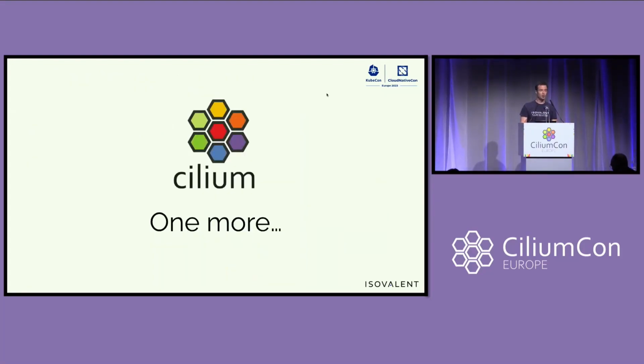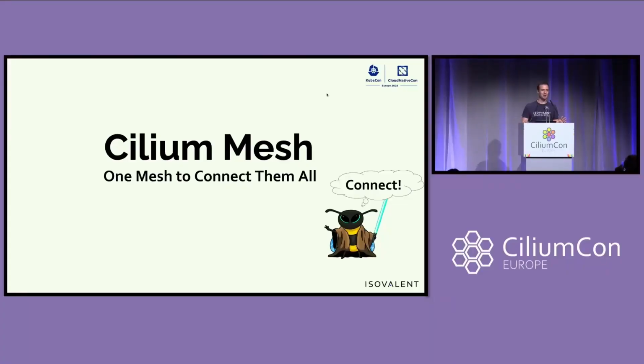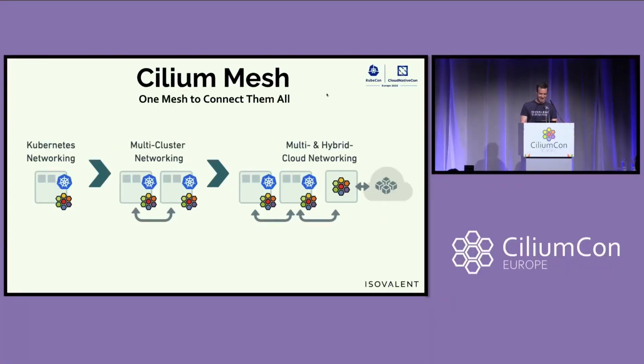And there's one more big feature that we are working on that we are announcing today. It's essentially a natural evolution of Cilium. Cilium Mesh. One mesh to connect them all. If you look at the history of Cilium, we had Kubernetes networking, we added multi-cluster networking with cluster mesh, which was connecting multiple clusters together.